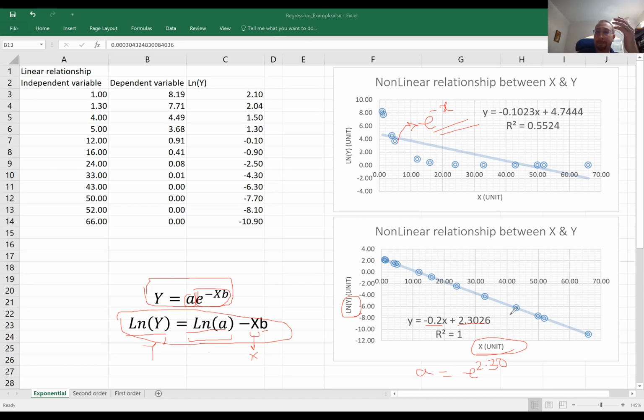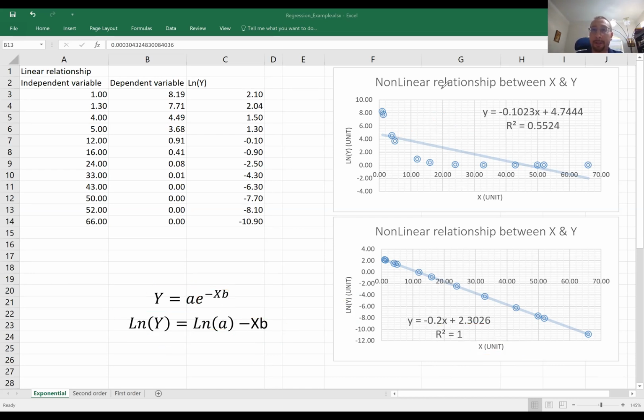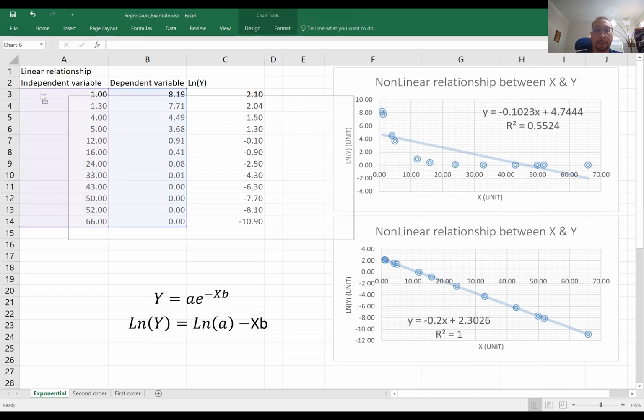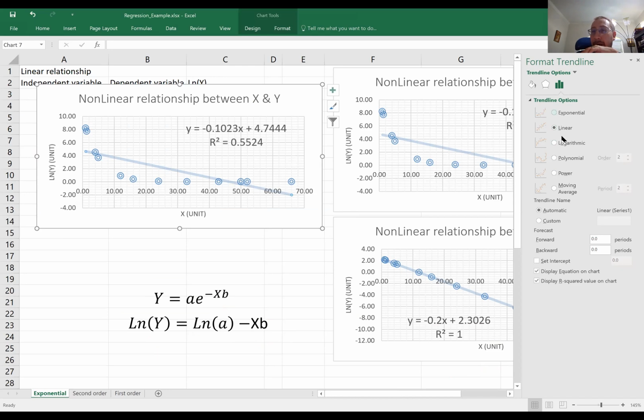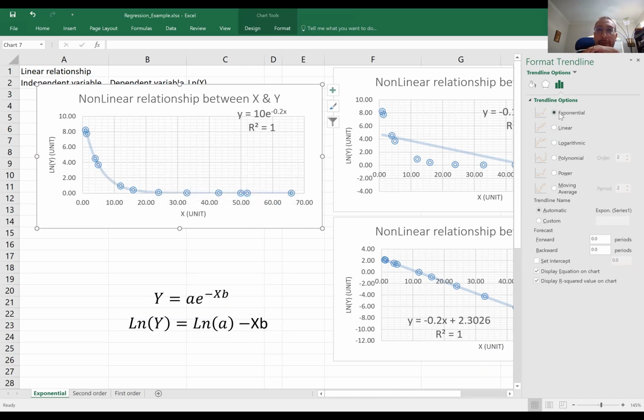Now, if you don't have this data, or if you don't want to linearize it this way, Excel gives you another option. For instance, when I right-click on the trend line, I can change the type of trend line. I can choose exponential fit, and you see 0.2 and 2.3. Why 2.3? Because a, which is e to the power of 2.3, is this 10.